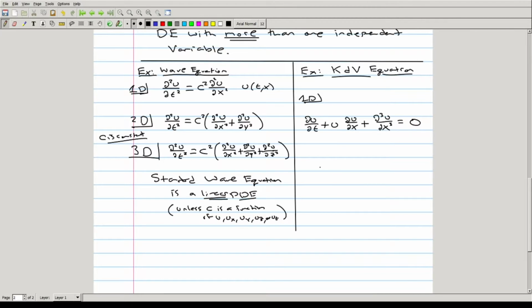The KdV equation is a very, very standard example of a nonlinear partial differential equation. And this is a great practice to get into and to understand.